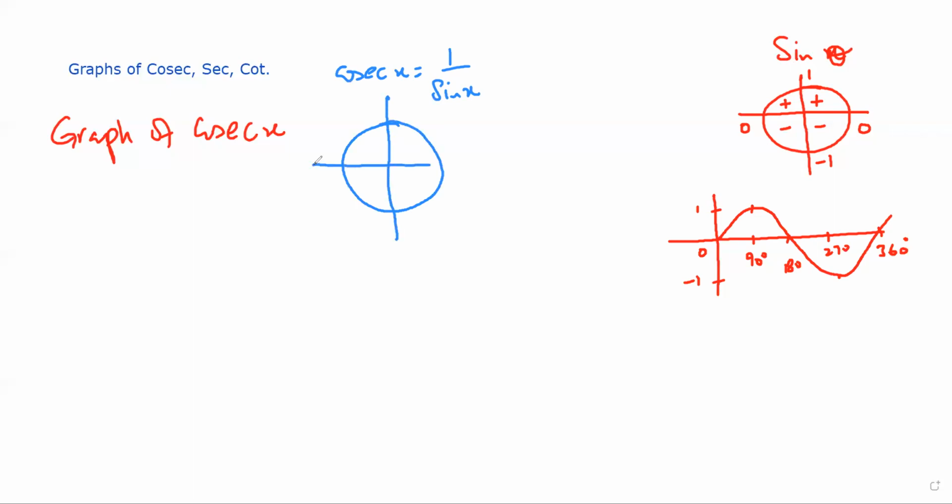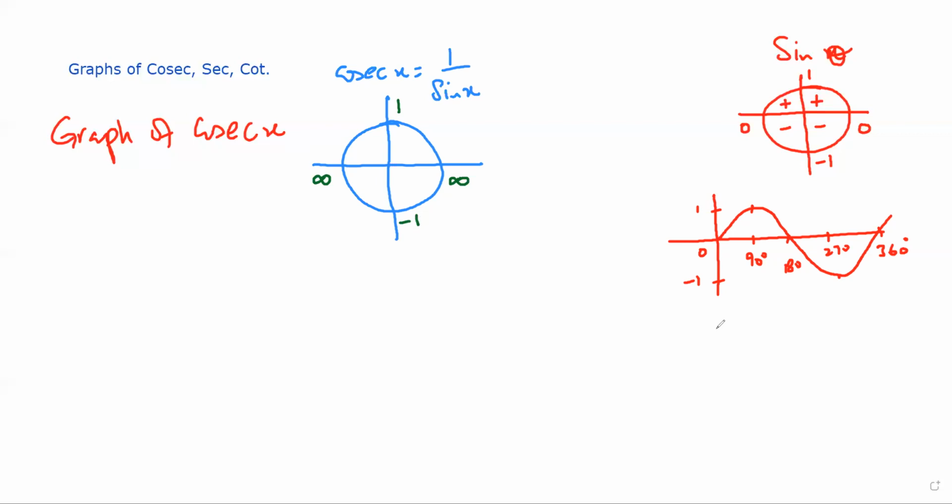You have to write the reciprocals of all the values of sine. So cosecant x is 1 over 0, so it would be approaching infinity here. The reciprocal of 1 is 1. Again, the reciprocal of 0 is infinity, and the reciprocal of minus 1 is again minus 1.